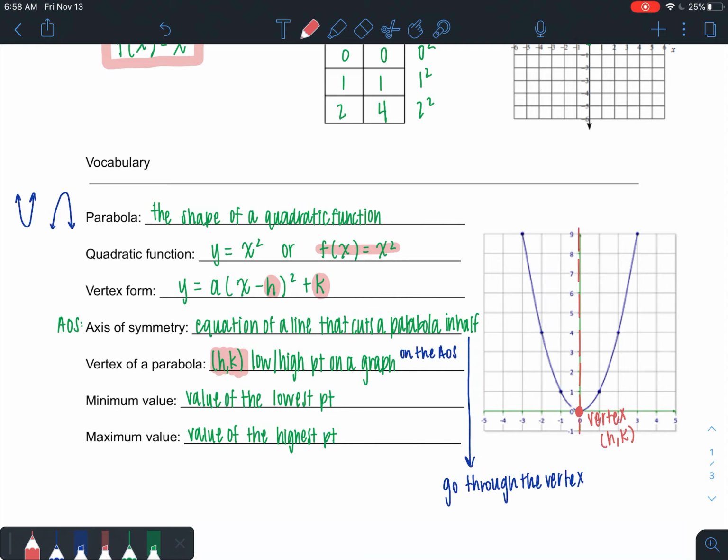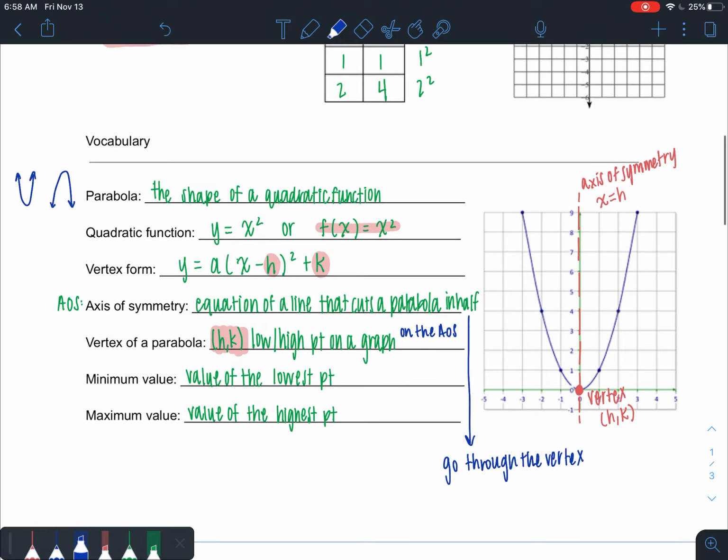It's usually represented as a dotted line. And we call that the axis of symmetry, and its equation is always x equals h. Notice that we have x equals h and h, k as our point.